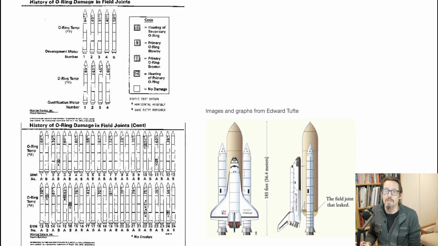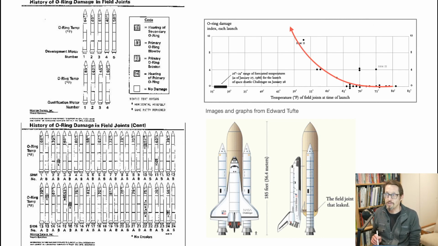So this is a lot of visual information, and almost none of it is relevant to the problem of understanding, hey, is it too cold to launch the damn space shuttle? So if instead of presenting in this kind of method, they had done something much more direct, where they graphed, along this axis, the temperature at the time of launch, and on this axis, some sort of damage indicator, right?